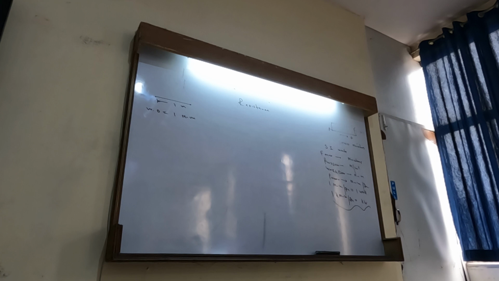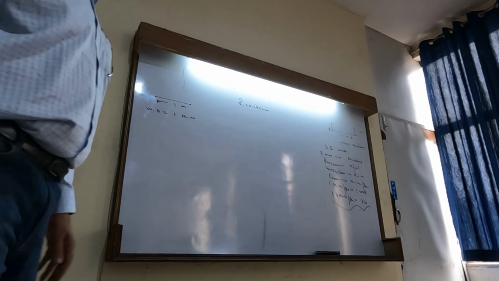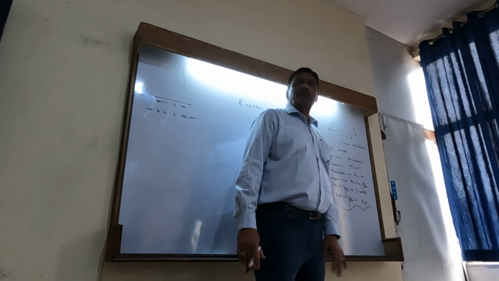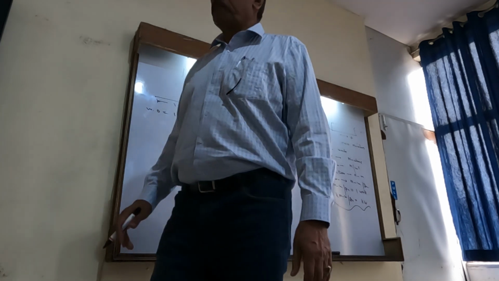When we do the calculation for power, I will explain further how the work done and power are calculated. But at this moment, these are the basic definitions for the SI units which we will be using.